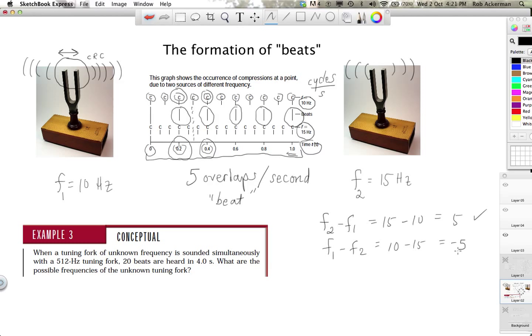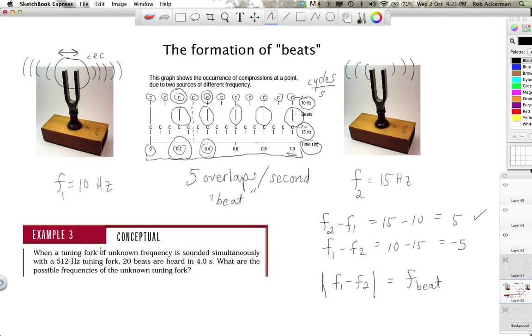Well, I guess that would be negative 5. So that's almost correct. It's the right number anyway, just negative. So what your book does is they just place these in absolute values so that we never have to worry about whether we have a negative sign. Absolute value of F1 minus F2 is equal to what we call the beat frequency.